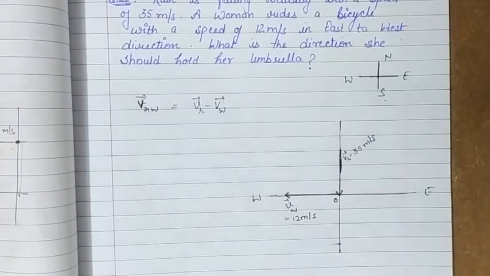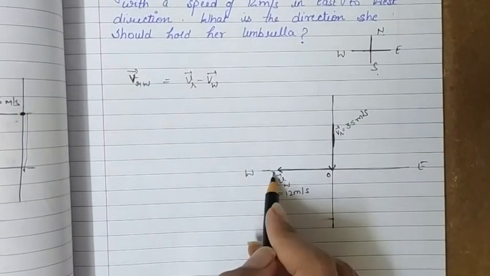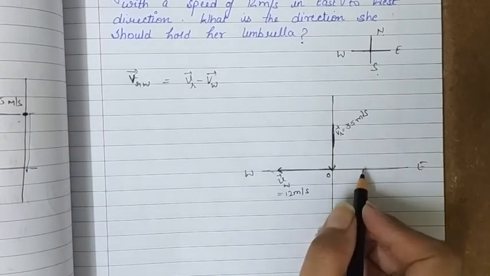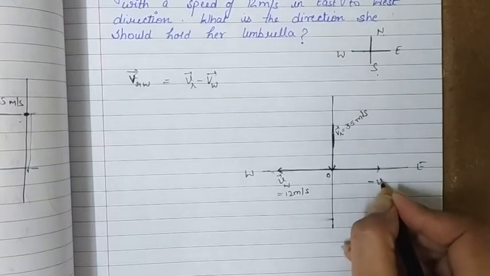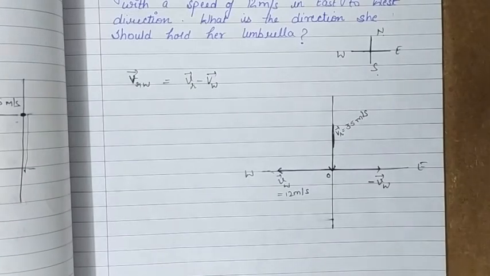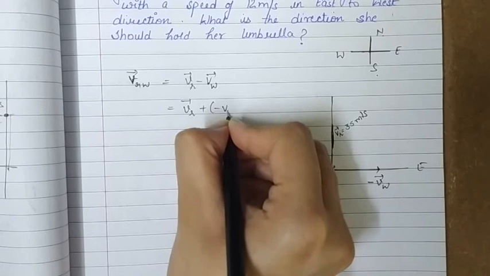Now let's see in the diagram. This is VR vector and this towards west is VW vector. If I make a vector exactly opposite to that of same magnitude, like this, then it is minus VW vector. So VR vector minus VW vector can be written as VR vector plus minus VW vector.